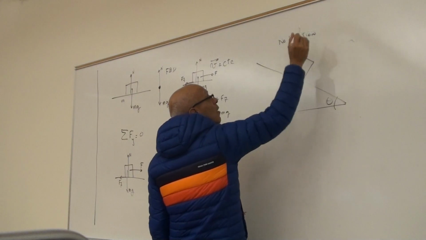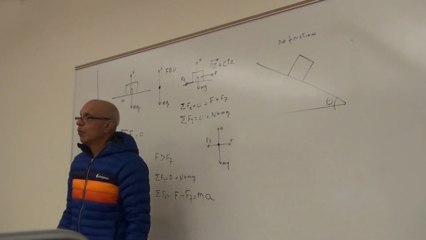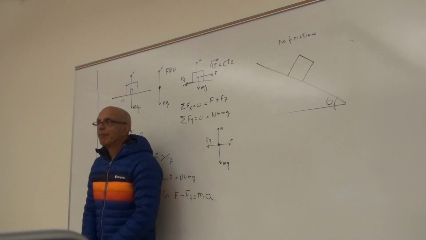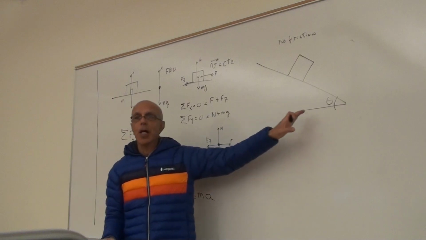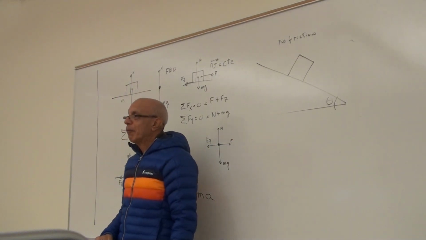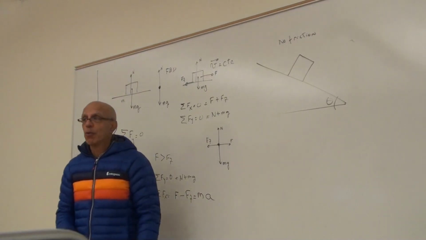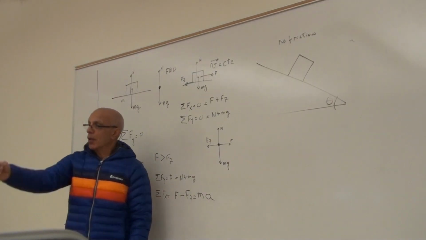So, what do you guys think? It's going down, but I'm not asking that, it is going down, right? But can you put down the forces there? Do you want to come here and do it? Go ahead.